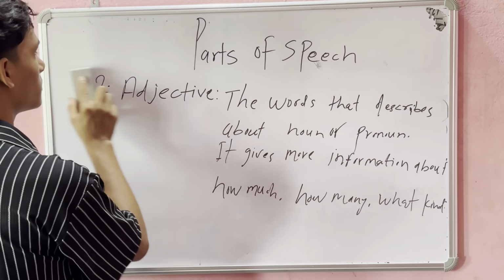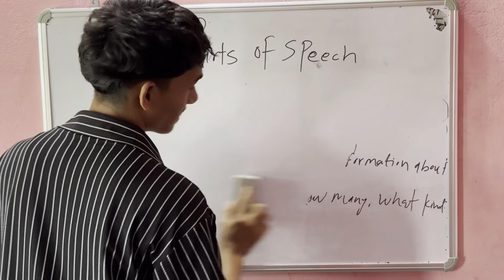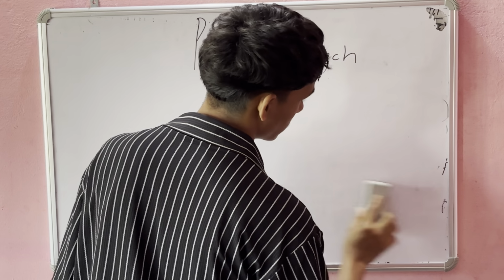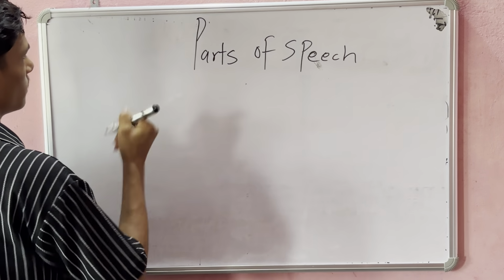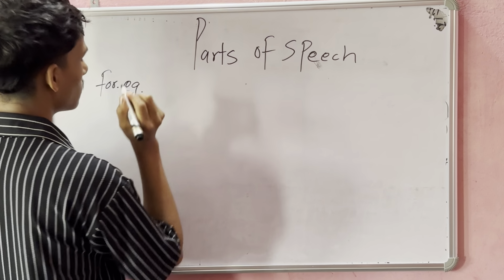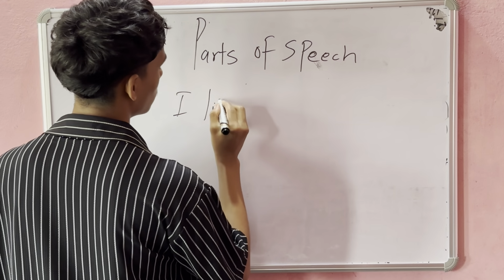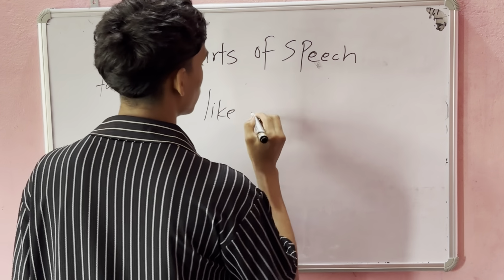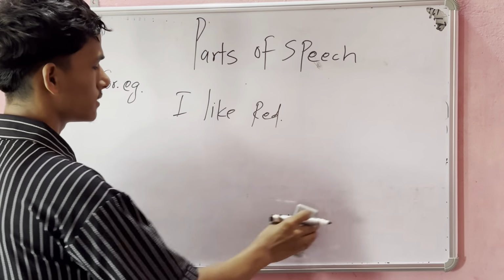Okay, well, let's see some examples for adjectives. Okay, so for example, I like red. I like red.